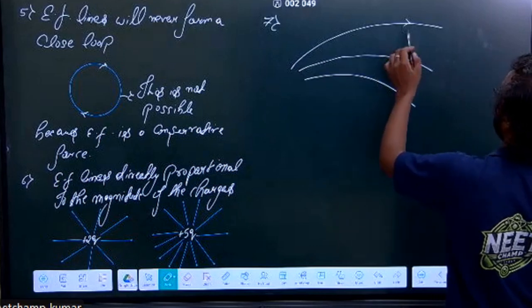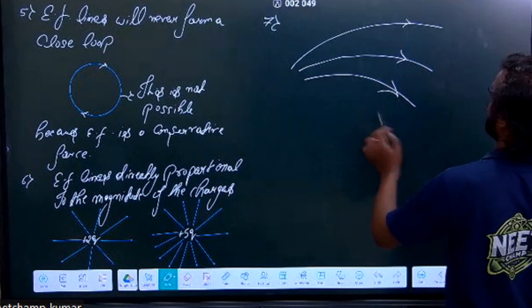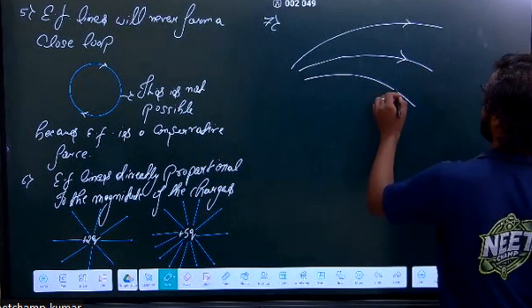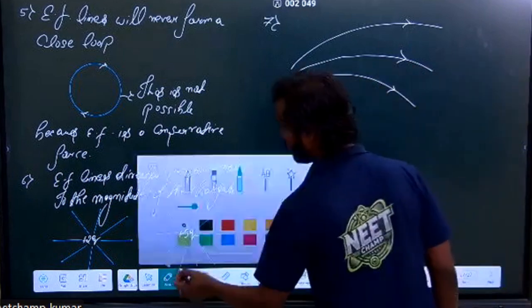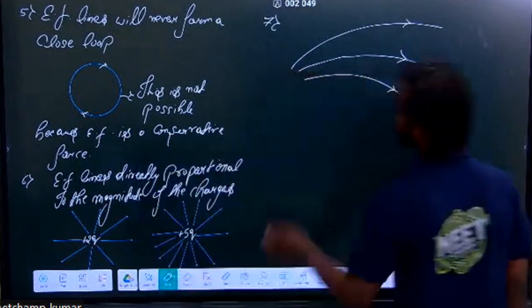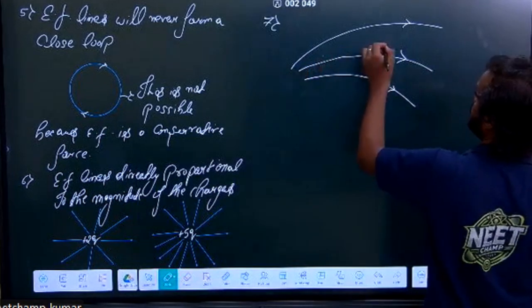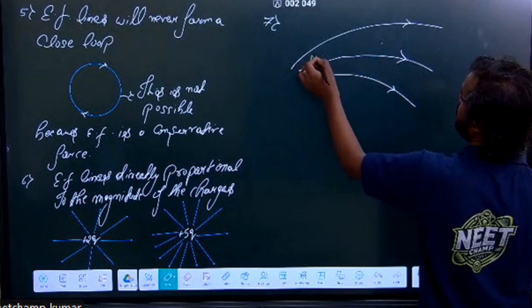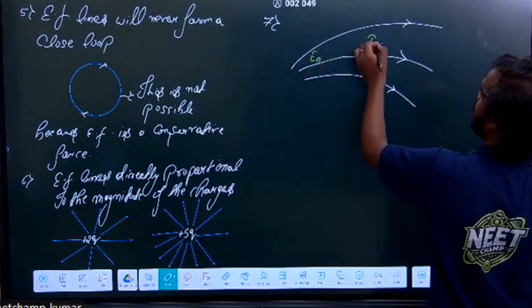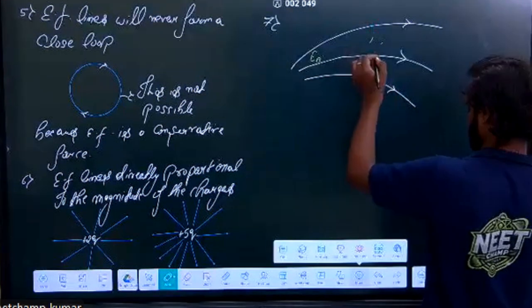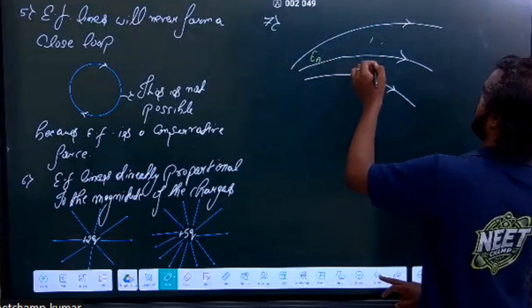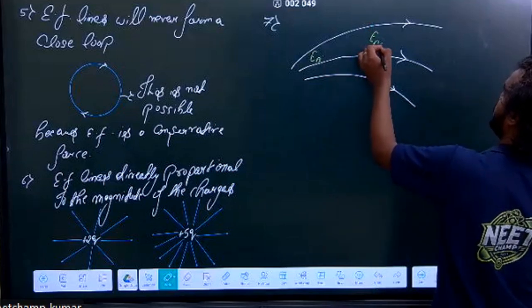Okay, this is my electric field line. If I calculate the electric field, suppose this is my point A and this is my point B. Electric field at point A, and suppose I calculate the electric field at point B.